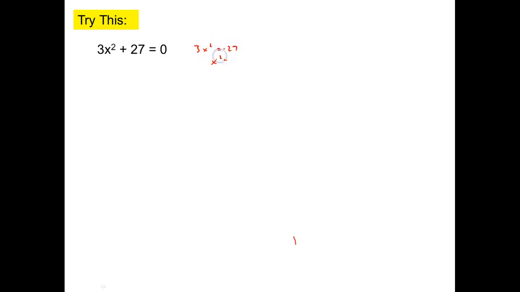Divide by 3, x squared equals negative 9. x is then plus or minus the square root of negative 9, which is the square root of negative 1 times 3 times 3. That will come out as i. That will come out as 3, so plus or minus 3i.